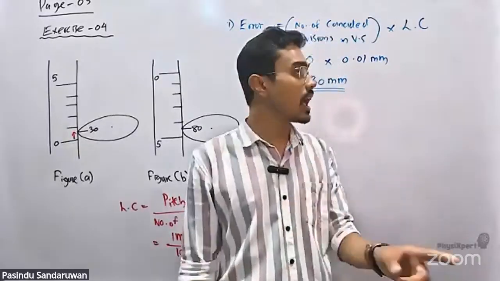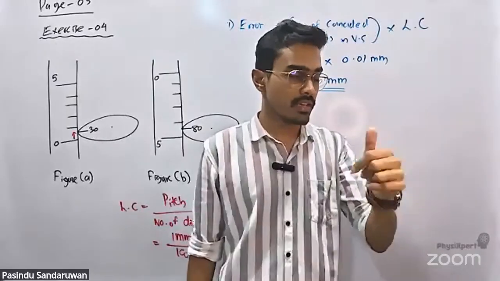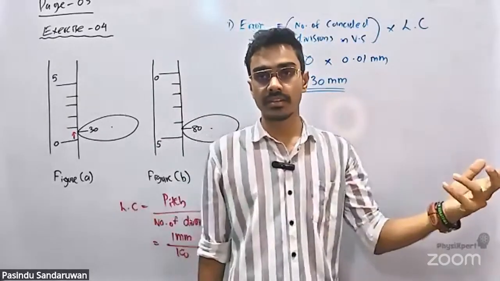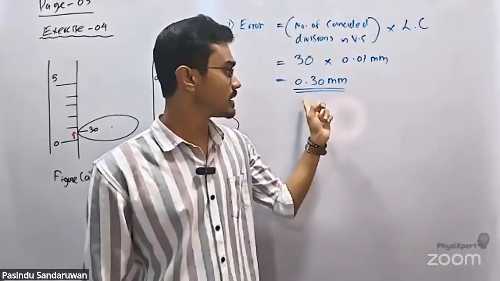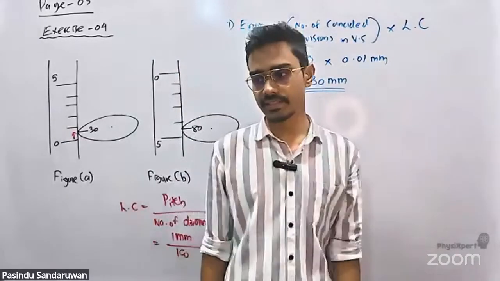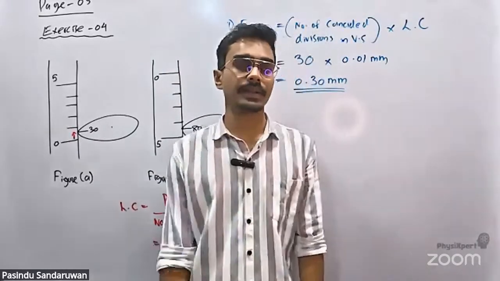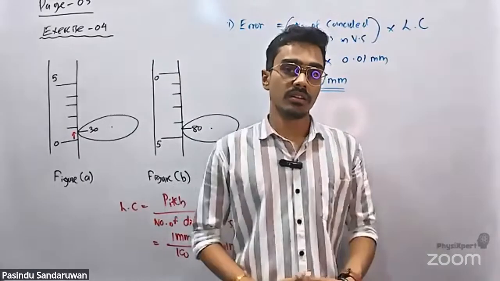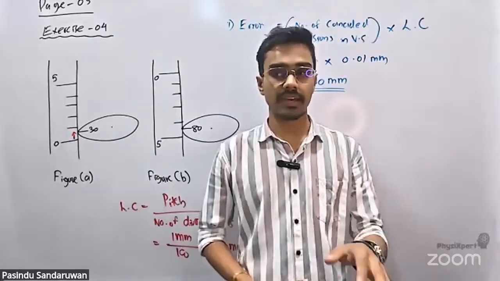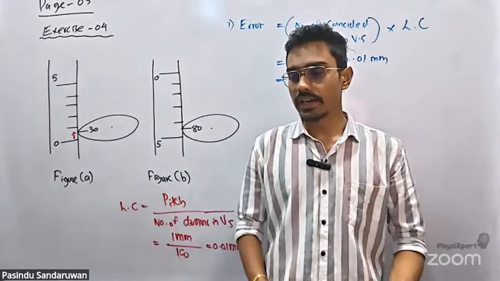Since we have the least count to 2 decimal places in millimeters, we have to keep all the readings up to 2 decimal places. Here also it should be 0.30 millimeters. Don't just write 0.3, right? I have told you these things from the first day of measuring instruments. They are valid everywhere. Okay, we will take it down.